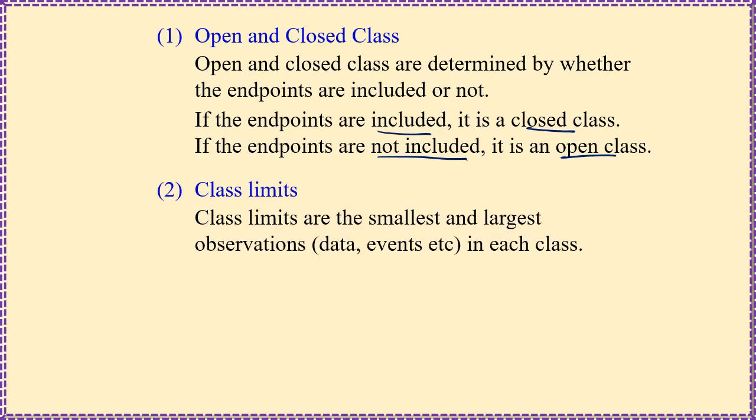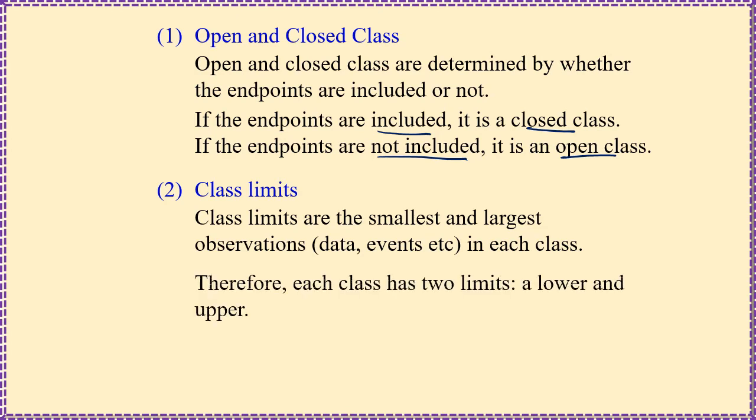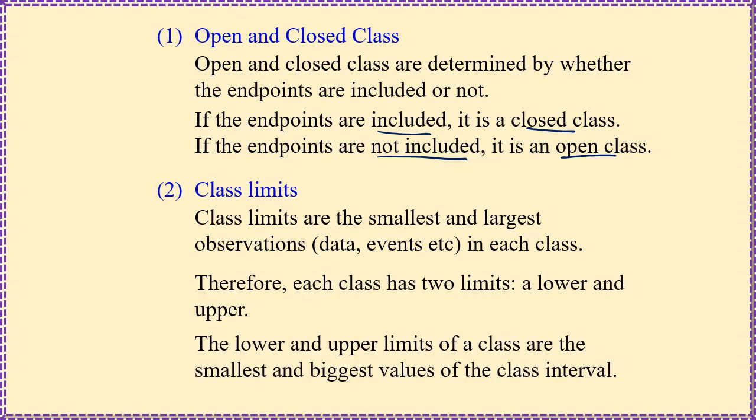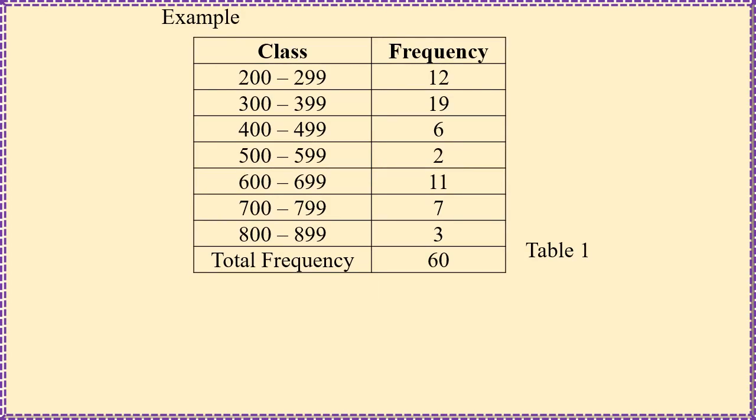Class limits. Class limits are the smallest and the largest observation in each class. So we will have a lower class limit and an upper class limit. The lower and upper limits of a class are the smallest and the biggest value of the class interval. For example, this is our frequency distribution table, so this is our grouped data.